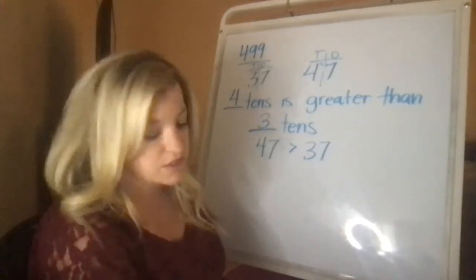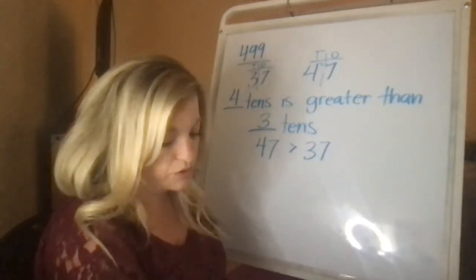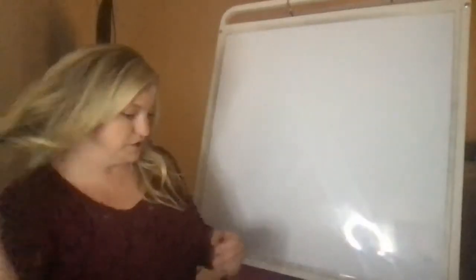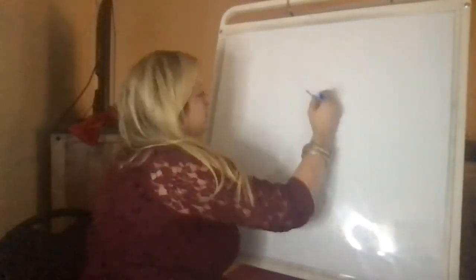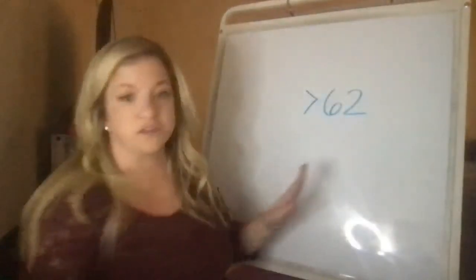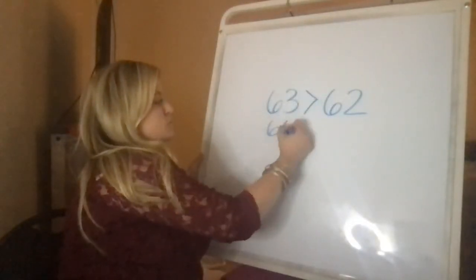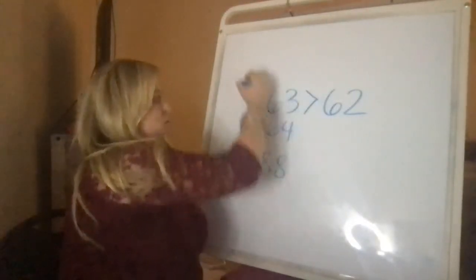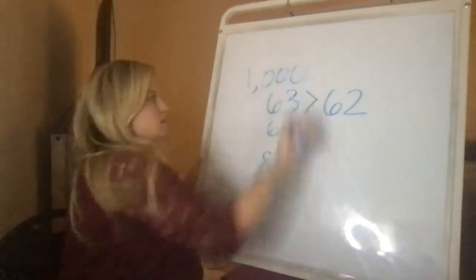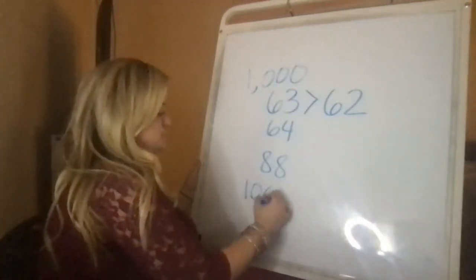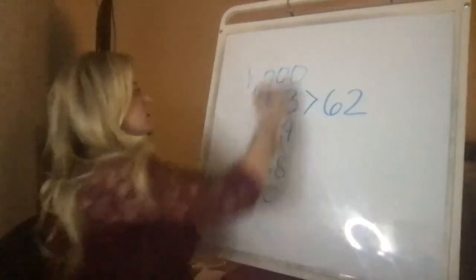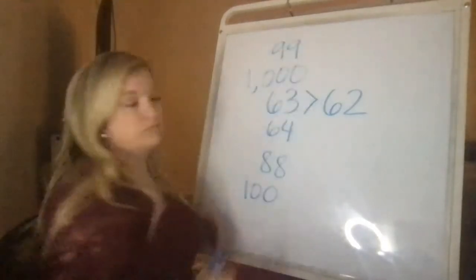Right, number 4 just wants you to find a number greater than 62 and write it in the blank. That's fun. You could choose my number. You could do a number of your own. So it wants you to do greater than 62. This could be 63, 64, 88, 1,000, 100, 99.